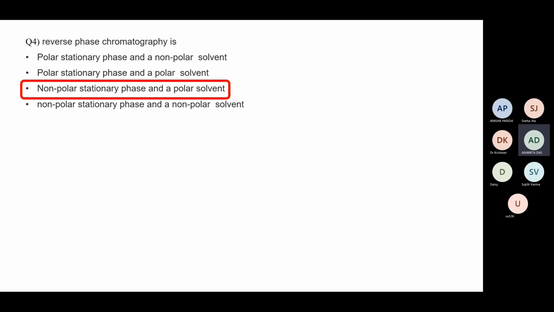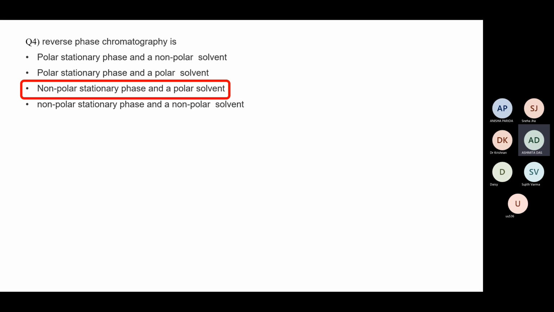Non-polar stationary phase and a polar solvent, right? Yes. Okay, so the correct answer is non-polar stationary phase and a polar solvent.